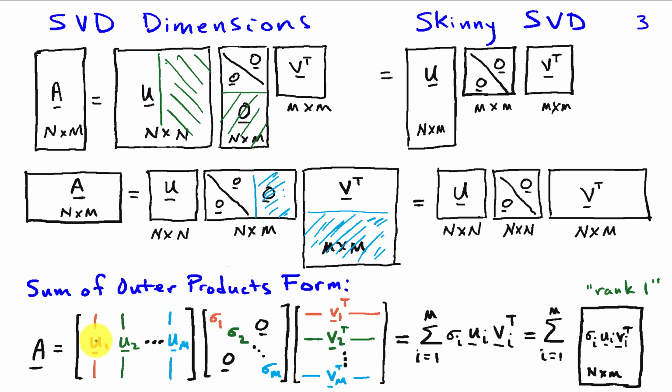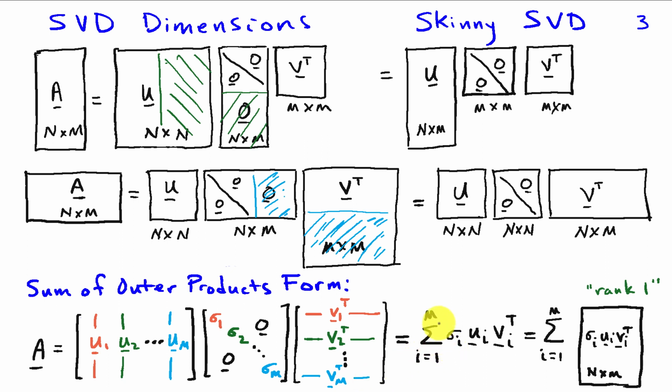So I'm going to have U1 sigma 1 V1 transpose, plus the second column into the second row of sigma, so that's U2 times sigma 2 times the second row of V transpose, which will be V2 transpose, until I get to the last column of U times sigma m times the last row of V transpose, or VM transpose.